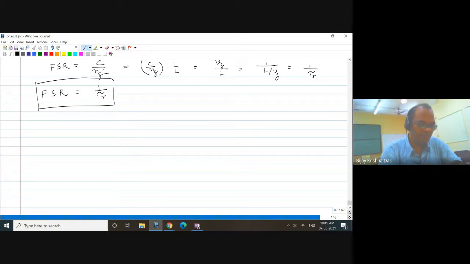So now we will be considering Q value. Next thing is Q value. FSR we considered, now Q value. Okay, so what is that Q value? We know the Q factor from the resonance point of view. For a resonance circuit, we discussed a little bit in the previous class.